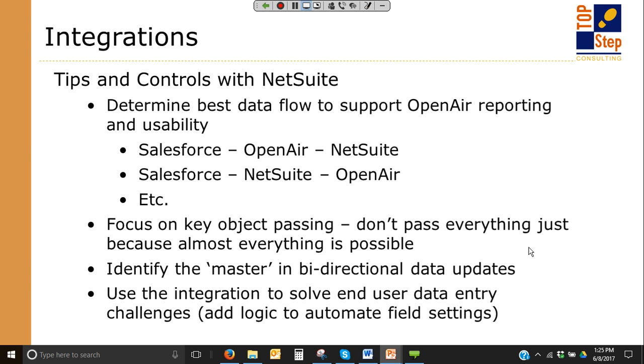And actually the latest upgrade to the UI has made it very easy to understand when, where and how to add logic to do data translation, but also the integration, because you can add logic to the integration, can automate some of the things that end users would have had to type in.